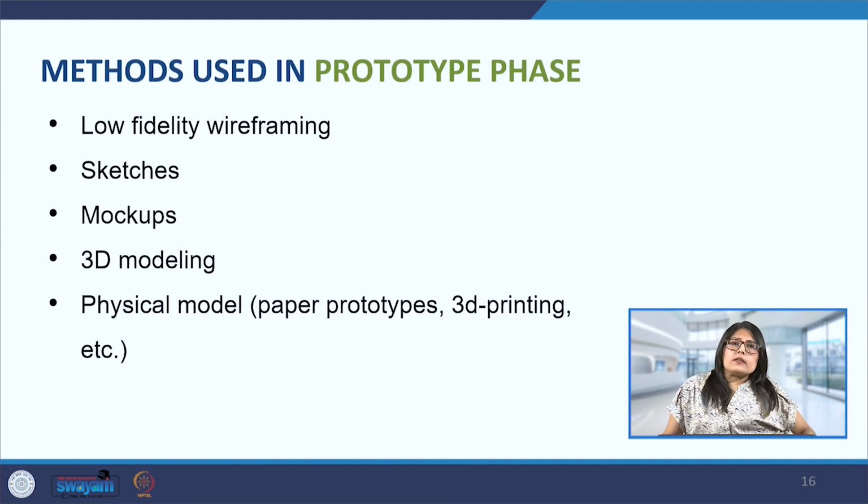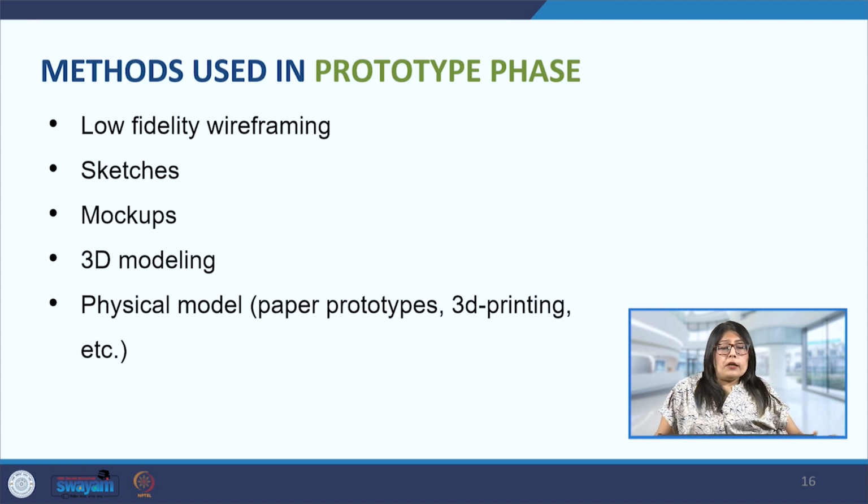Some of the methods that we use in the prototype phase are, first, low fidelity wireframing. This involves creating simple basic representations of a design structure and layout, and here we usually use basic lines and shapes. The purpose of this is to focus on functionality and user flow, and the focus is not on the detailed design at this particular stage.